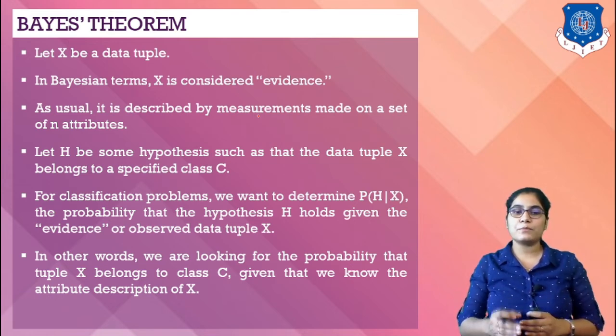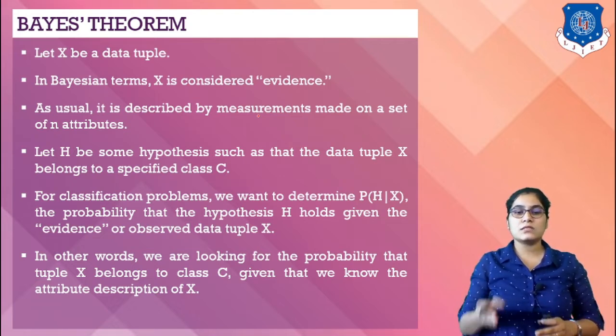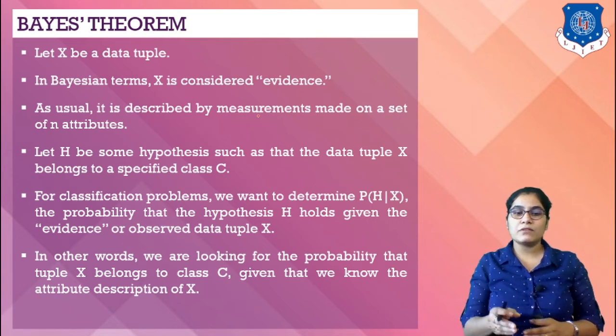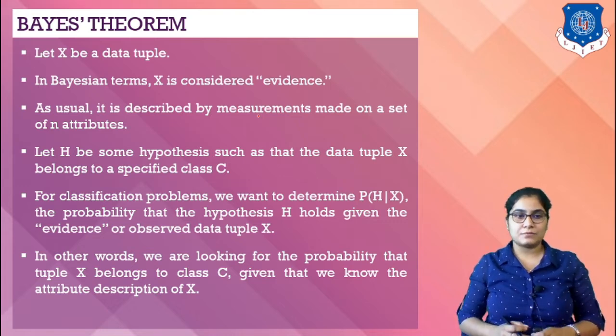Let H be some hypothesis, such as that the data tuple X belongs to a specified class C. For classification problems, we want to determine P(H|X), which is the probability that the hypothesis H holds given the evidence or observed data tuple X. In other words, we are looking for the probability that tuple X belongs to class C, given that we know the attribute description of X.